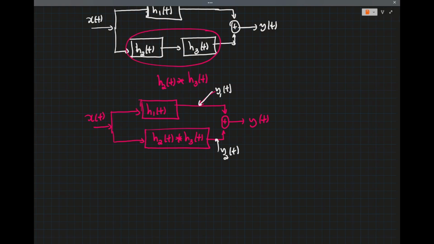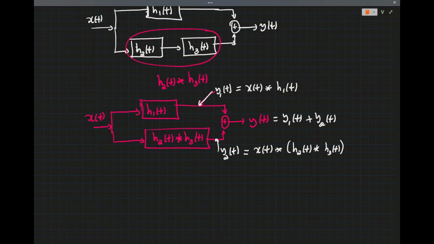We know that y1 is x of t convolved with h1 of t, and y2 is x of t convolved with h2 of t, which is convolved with h3 of t. Then the output y of t is y1 of t plus y2 of t.